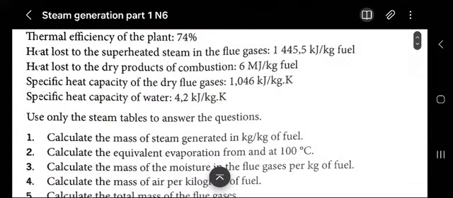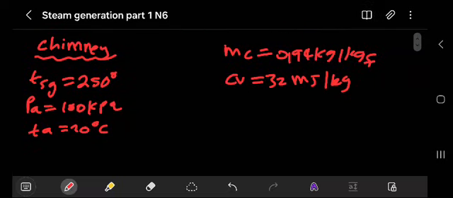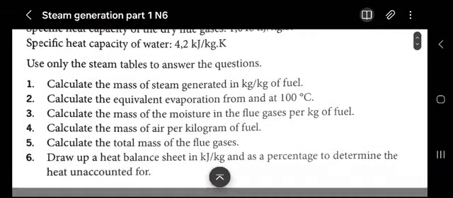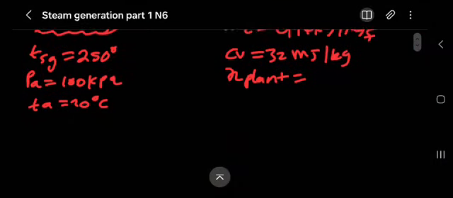Thermal efficiency of the plant, of the whole plant. We have the thermal efficiency of the whole plant, which is equal to 74 percent.